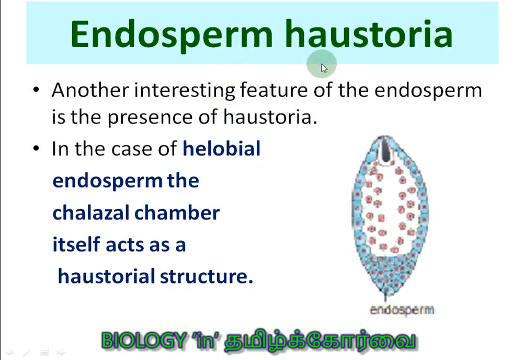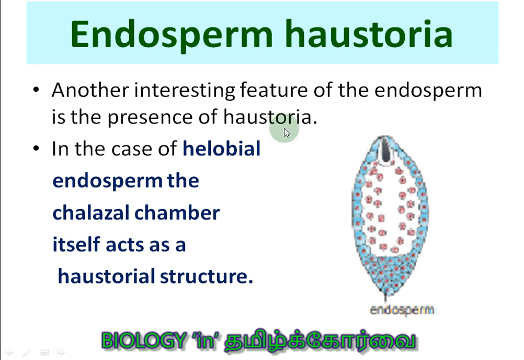Endosperm haustoria. The interesting feature of the endosperm is the presence of haustoria. Why it is interesting means endosperm itself is a nutritive tissue. In order to get nutrients from the surrounding tissue, it starts producing the haustoria. Now a question arises, what is haustoria? In the morphology of angiosperm itself, we would have learnt about haustoria. It means the parasitic root.